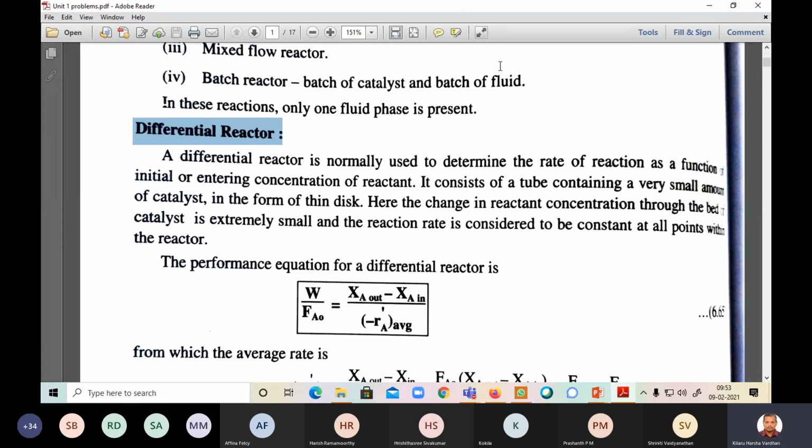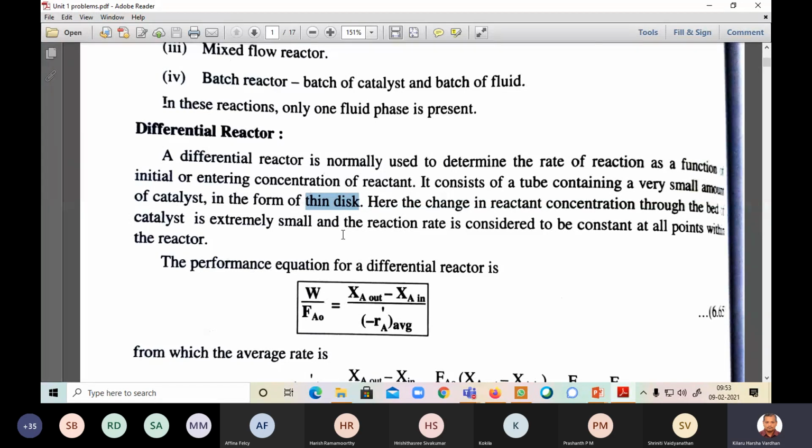Here, one assumption you make is about the change in the reactant concentration through the catalyst, because a differential reactor consists of a tube containing a very small amount of catalyst. The catalyst forms like a thin disc inside, like a small piston.